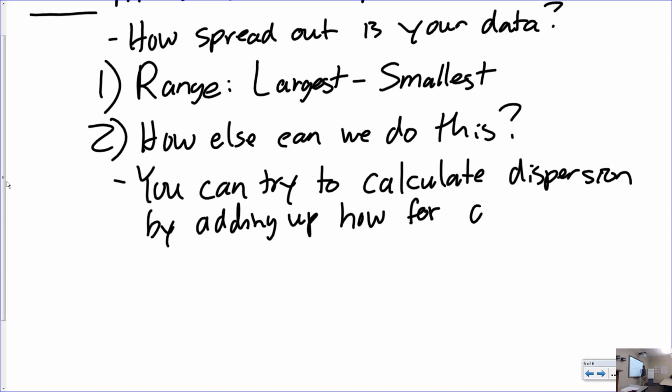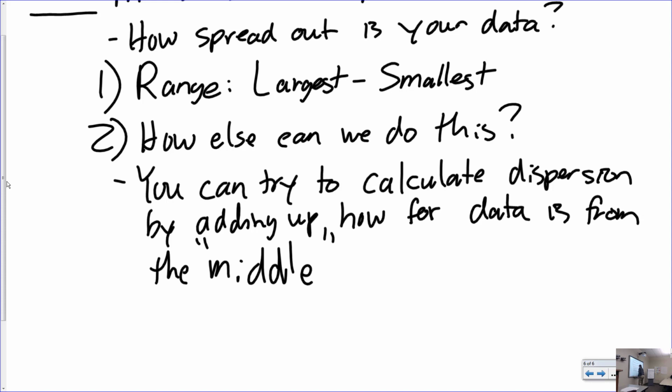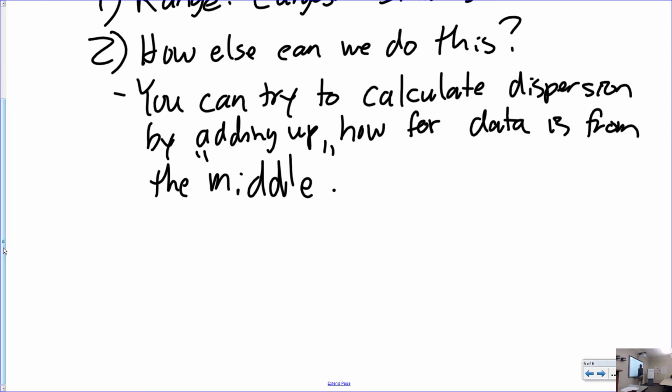How far data is from the middle. Now, what are we going to call the middle? Well, in this particular instance, let's try and use the average, or the mean, if you will.